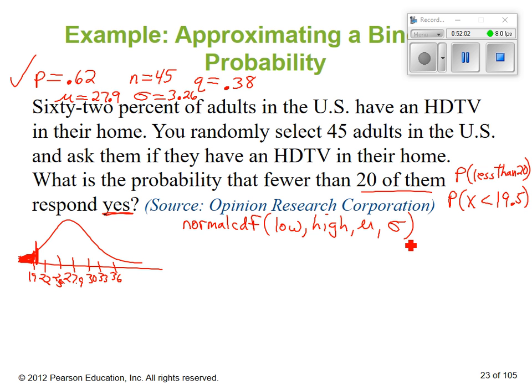What's our low limit this time? Yeah, just some negative number, negative 1,000 maybe. And then 19.5 is our high limit. The mean is 27.9 and the standard deviation is 3.26. Punch that in. What's that tell us?